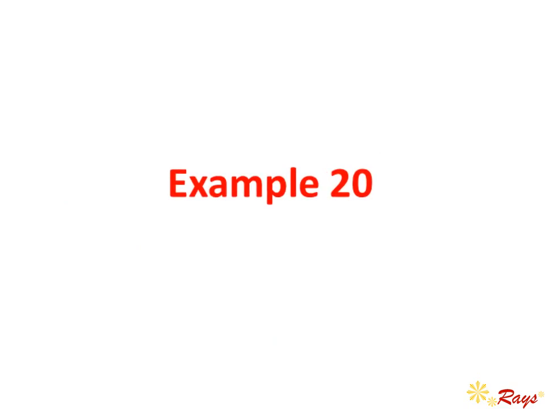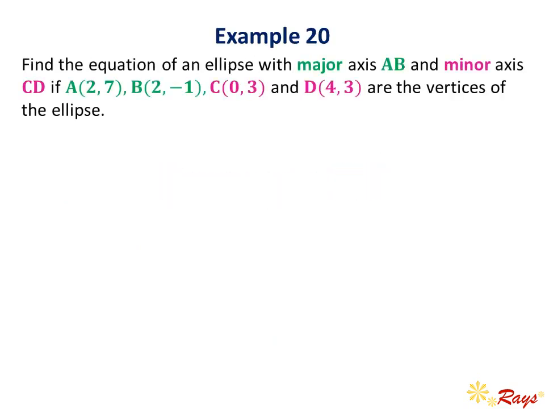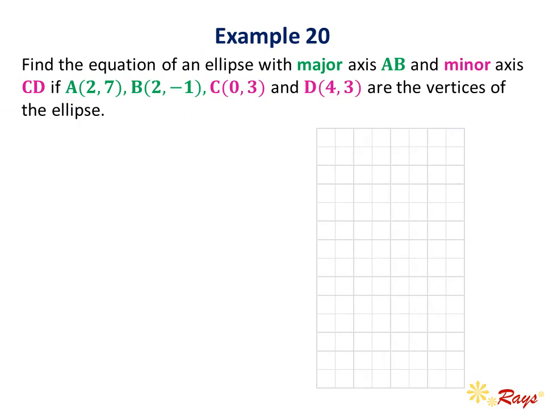Example 20. Find the equation of an ellipse with major axis AB and minor axis CD if A is 2, 7, B is 2, negative 1, C is 0, 3 and D is 4, 3 are the vertices of the ellipse. Since coordinates are given to us, it will be easier if we mark these on graph paper.